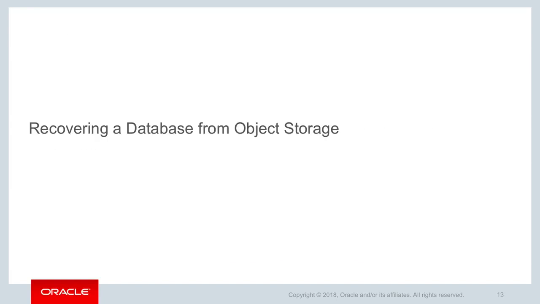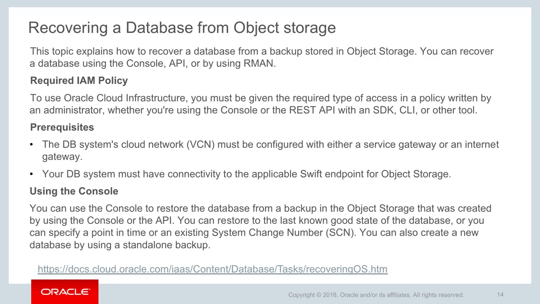Let's now look at recovering a database from object storage. We will now look at recovering a database from a backup stored in object storage. You can perform this recovery of a database using the console, API, or by using RMAN.